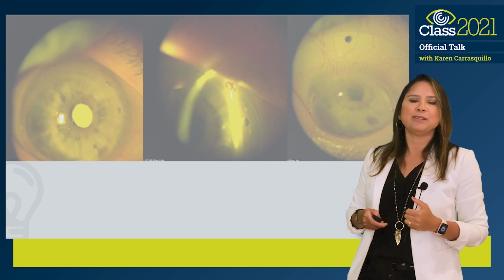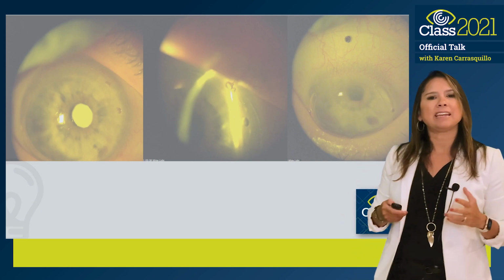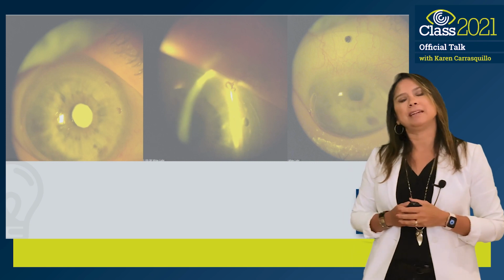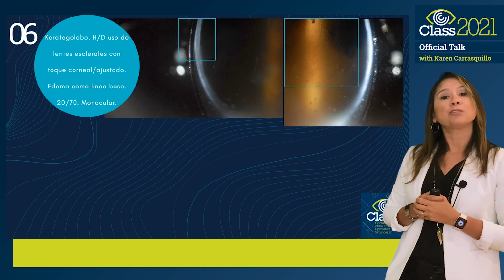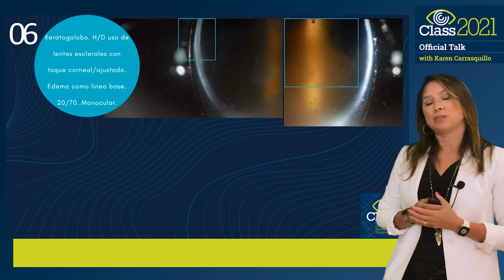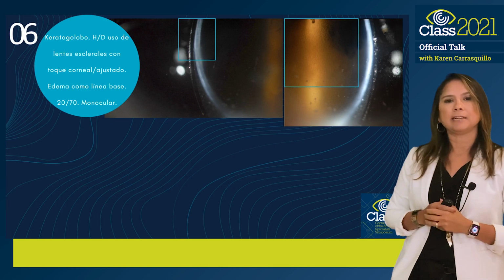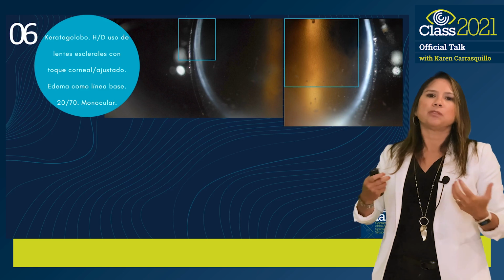Am I right? And finally, the last case in this series of fragile and compromised corneas, I present this case. This is a case of keratoglobus with a 20-year history of using scleral lenses, adapted in another clinic, and where the patient is again monocular.